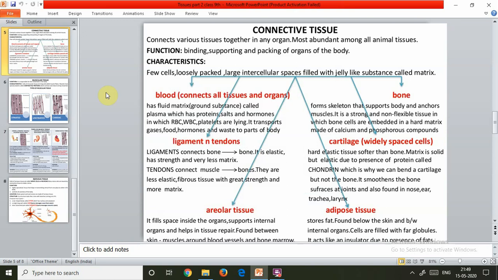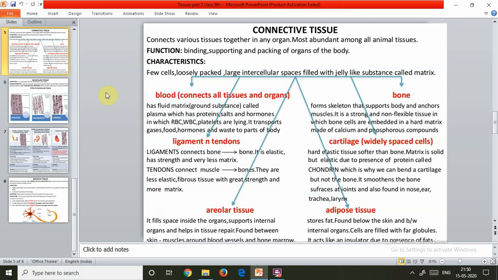The occurrence of the cartilage is in parts like the ear pinna, nose tip, epiglottis and the intervertebral discs, even at the ends of the bones, the lower ends of the ribs and the rings of the trachea. So this is where cartilage will be found.